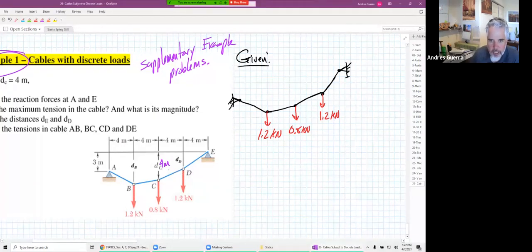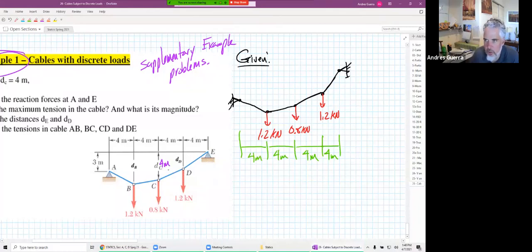We are given some geometry here. All of our horizontal distances are 4 meters. So even though maybe my picture doesn't look like they're all 4 meters, they are all 4 meters. So 4 m, 4 m. They do tell us that the vertical distance between the supports is equal to 3 meters.